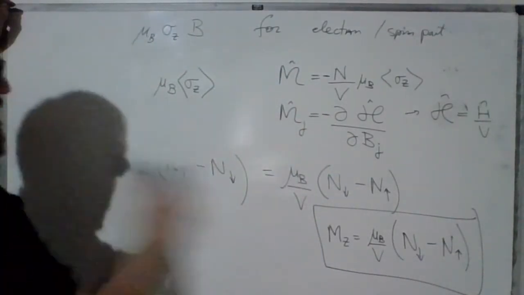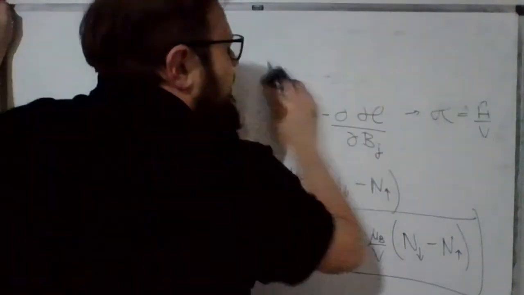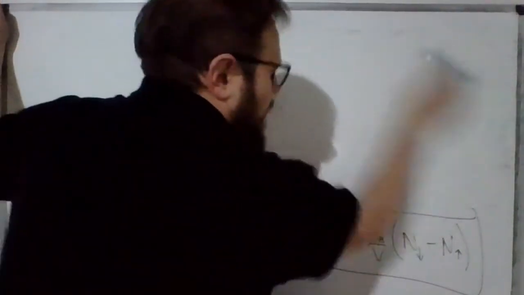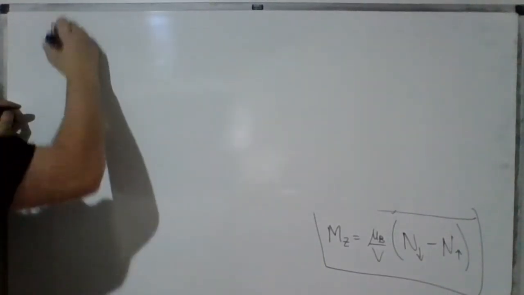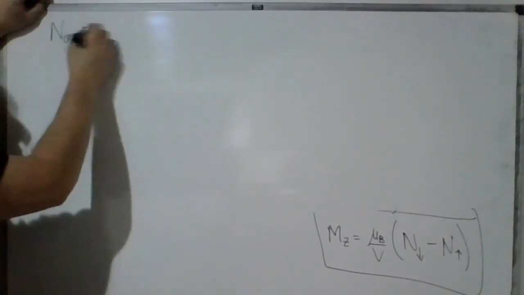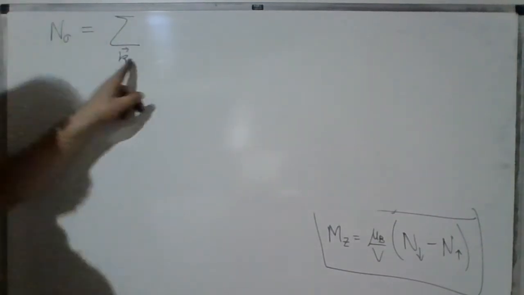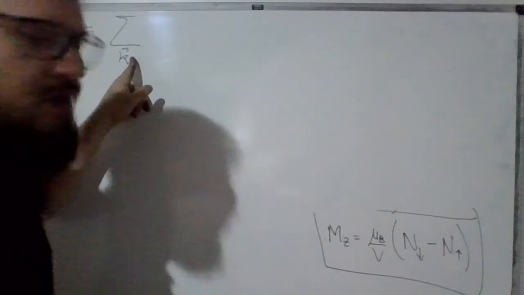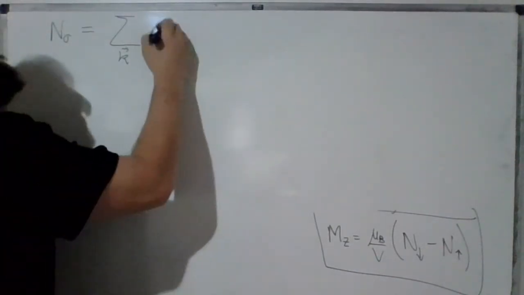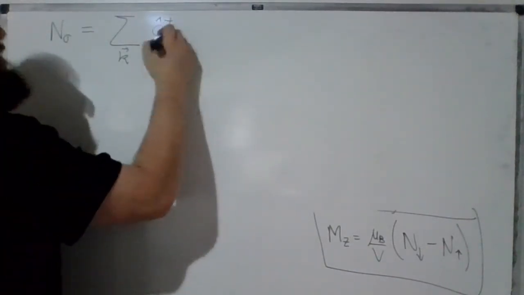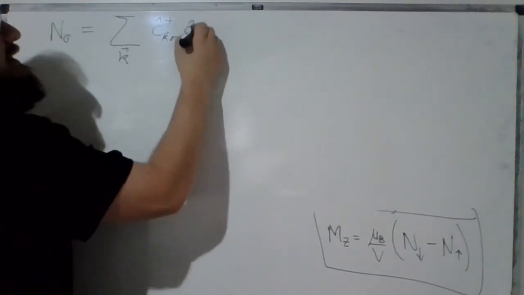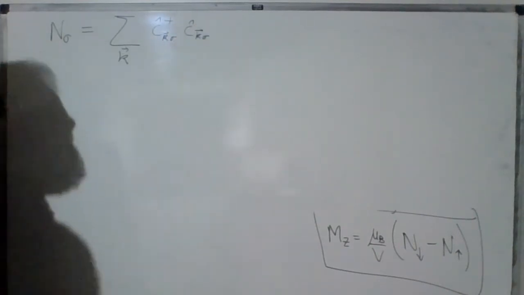So for a given population sigma, we need to calculate the summation over k, not over sigma anymore, just over k of c dagger k for that spin, c k for that spin.